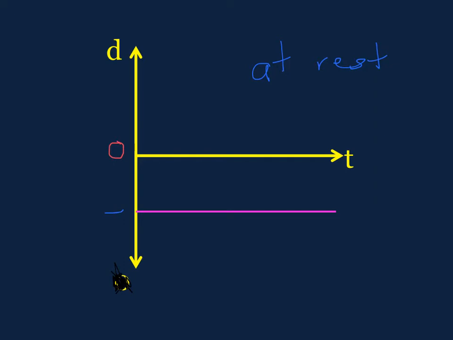Because this is going to be a negative value, it's at rest to the left of the origin. Or in other words, it's at rest with a negative distance. Questions? Cool. So whenever you have a horizontal line in a graph like this, it tells you the object is at rest. And the position of that line tells you where it's at rest.